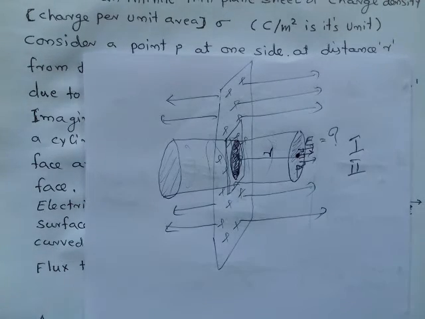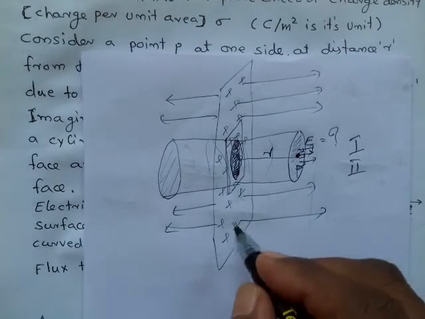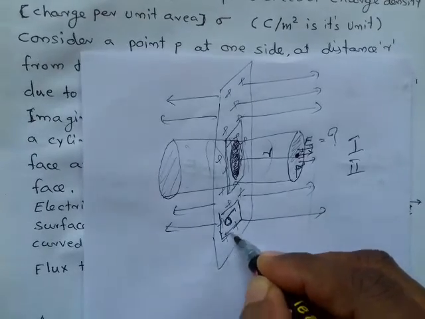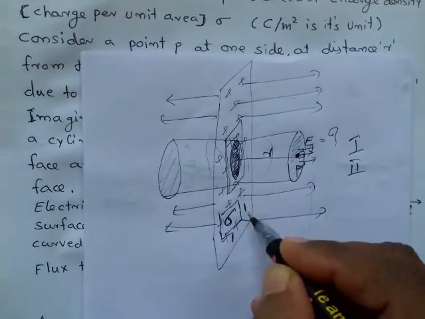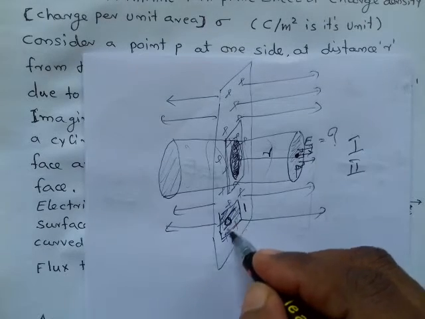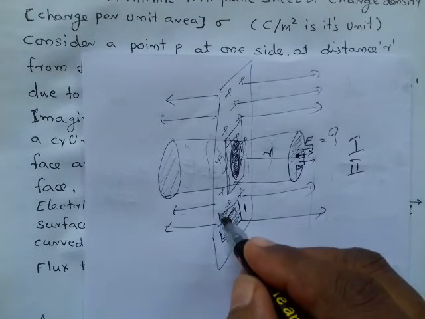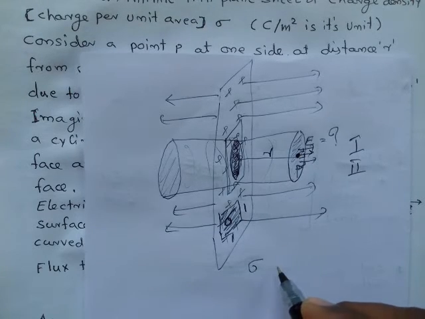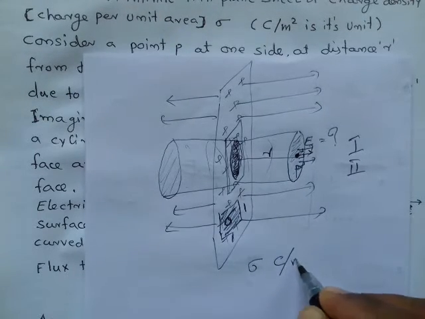So this is a Gaussian surface, and the charge density is charge per unit area, that means if you take 1 meter length, 1 meter breadth, we get a 1 meter square area. In that area only, what is the charge? That charge is sigma coulombs per meter square.